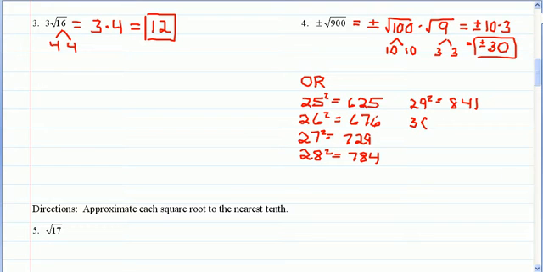And then 30 squared is 900. So if we have plus or minus the square root of 900, we can split this up as 30 and 30, and we get the same answer of plus or minus 30.